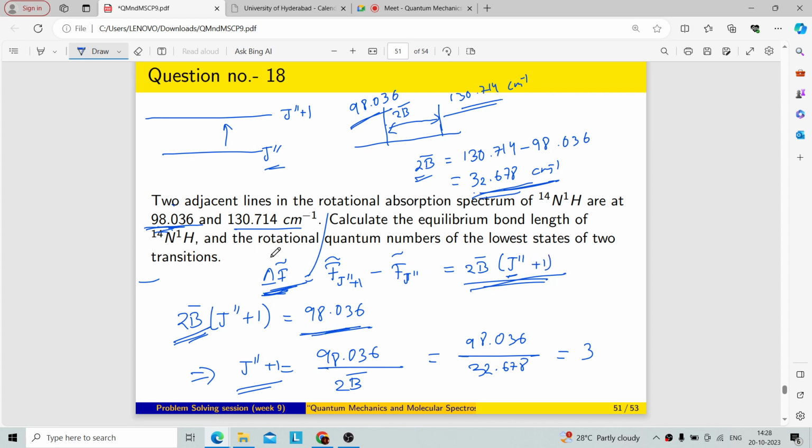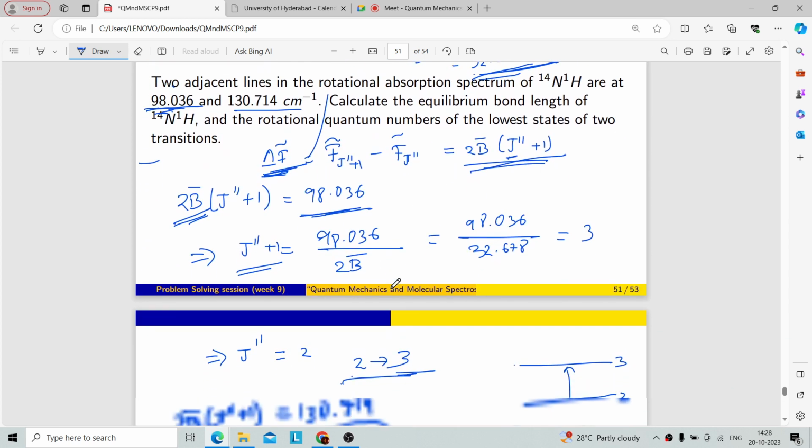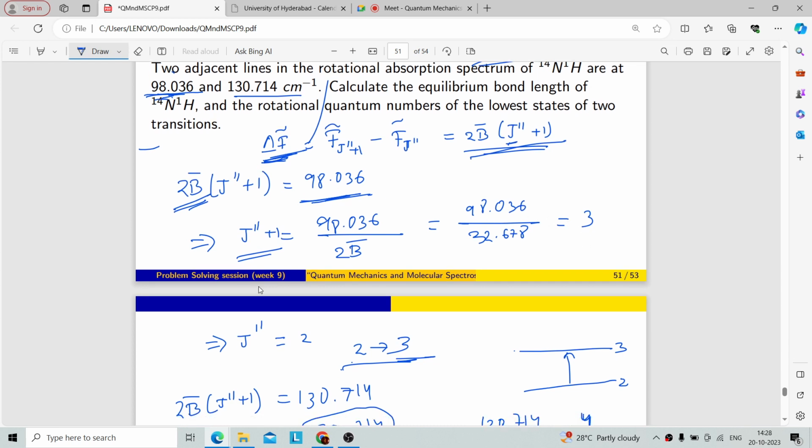Now we equated this form to each line, and from that we calculated the value of the corresponding angular momentum quantum number. So we got this line 98.036 is coming from the transition 2 to 3, and the line 130.714 is coming from the transition 3 to 4.